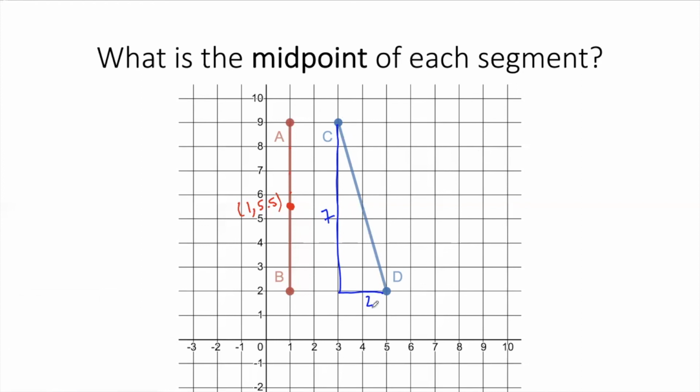So half of 2 is 1, and we just said that half of 7 is 3.5. So instead of going down 7 and over 2, we'll go down 3.5 and over 1. And I'll draw in that triangle as well. So this one's down 3.5 and over 1. So our midpoint is here at 4, 5.5.